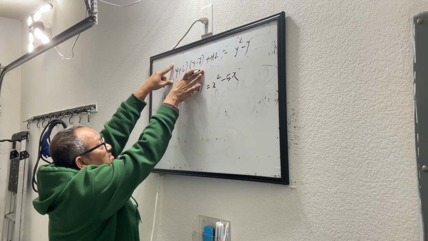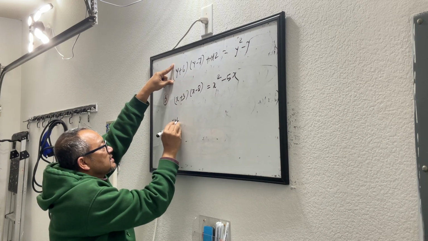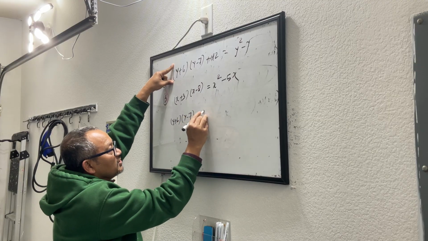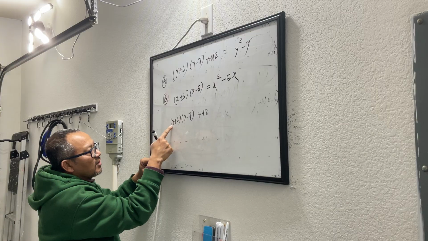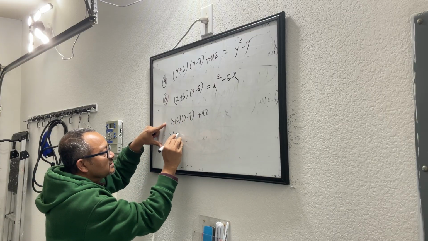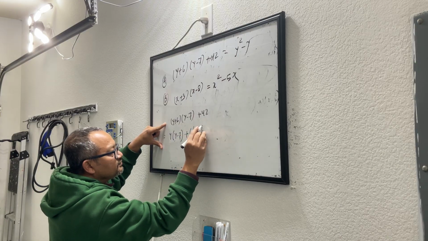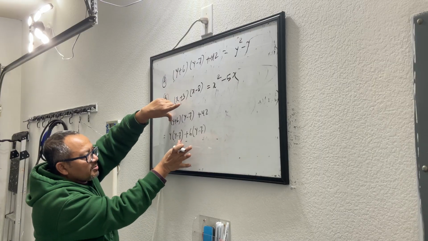Let's find out how much that is. (y + 6)(y - 7) + 42. This is what we have on the left hand side. Let's break it open. So y times (y - 7) plus 6 times (y - 7). This is the breakdown using the distributive property.